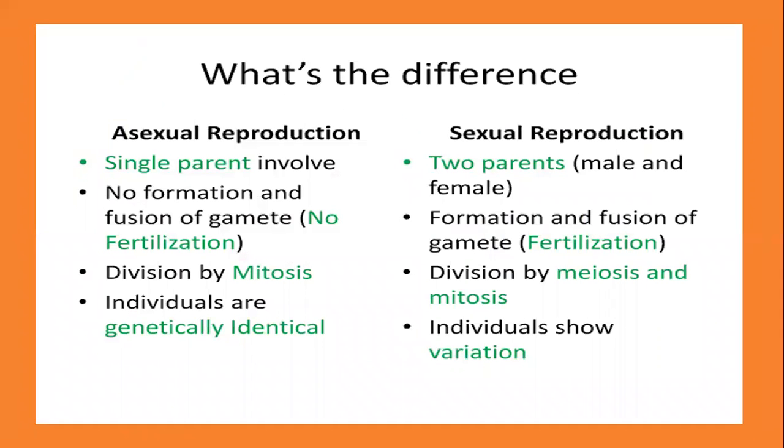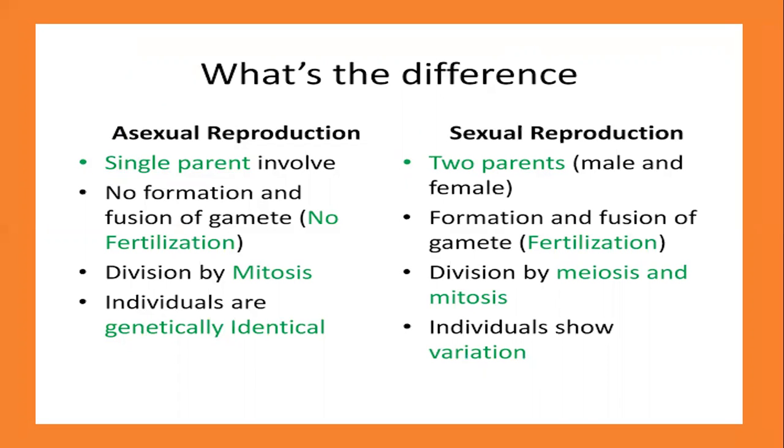What is the difference between asexual and sexual reproduction? In asexual reproduction, a single parent is involved, whereas in sexual reproduction, two parents are involved. In asexual reproduction, no gamete formation and fertilization occurs.